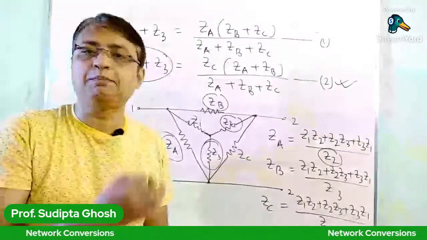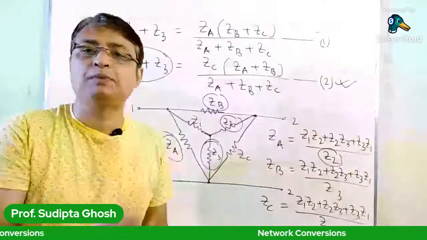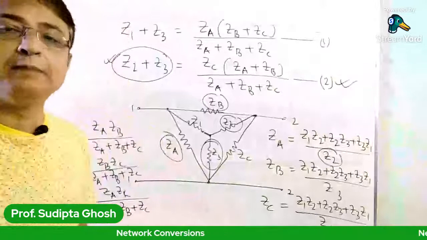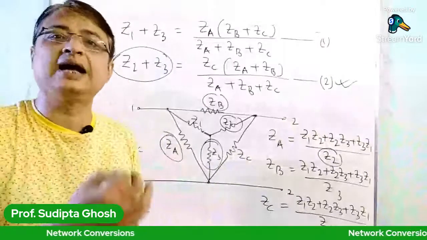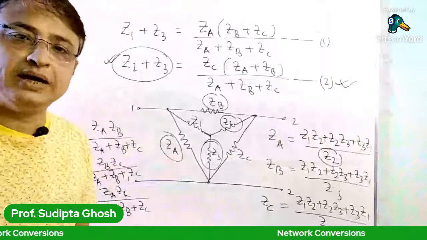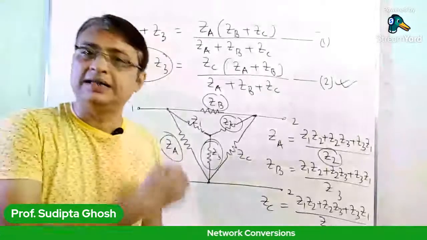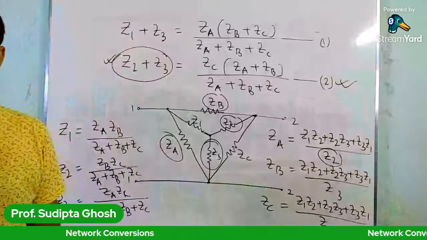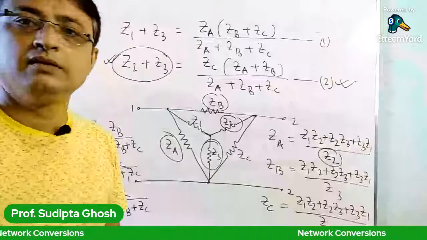And this is the process by which you can readily remember these equations and convert a T network into a pi, or a pi network into a T. Is it okay?